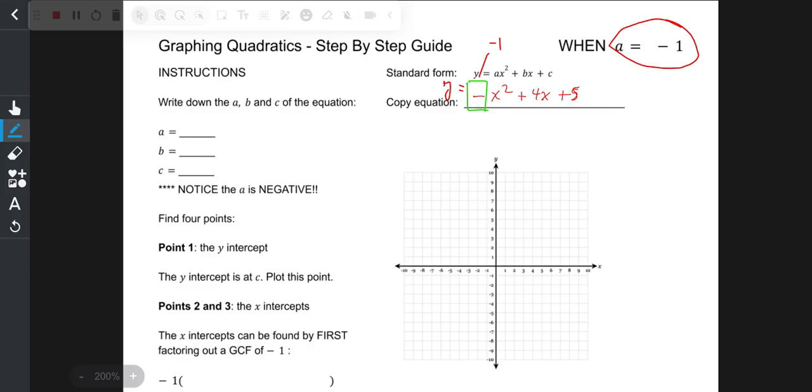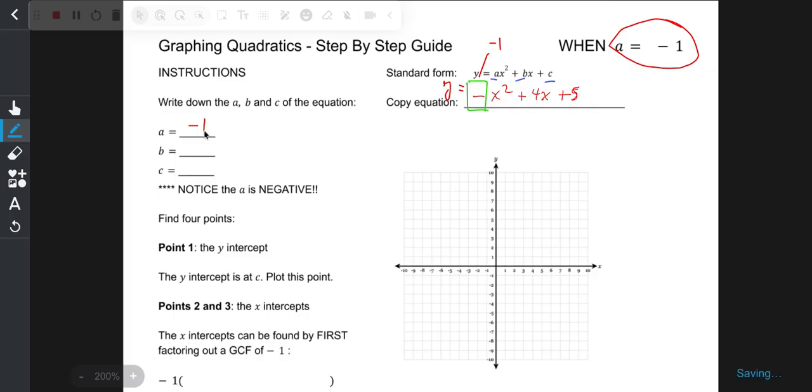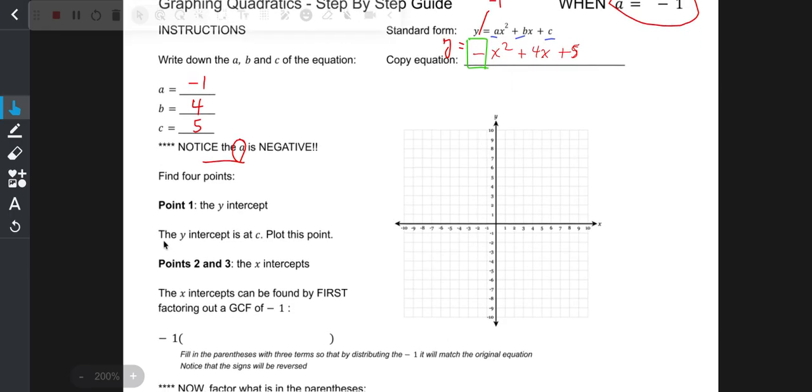So again, following this pattern, A in front, B, and then the C, we're saying A is -1, B is +4, and C is +5. And again, notice the A is negative. So it's going to be mostly similar, but a little bit different.